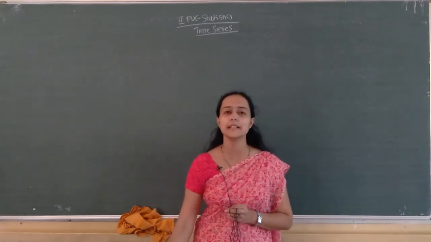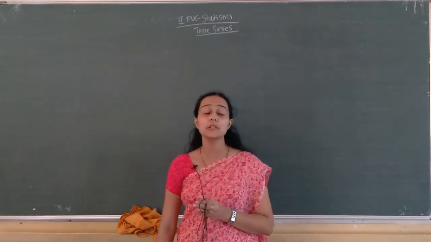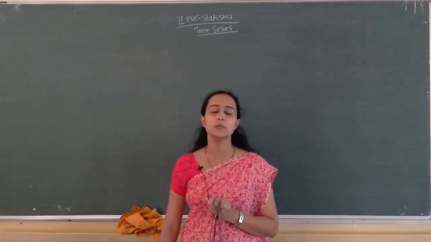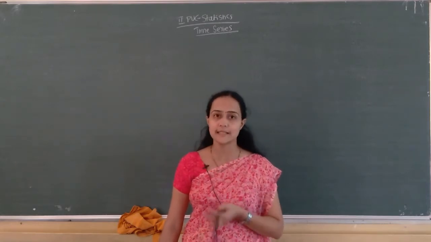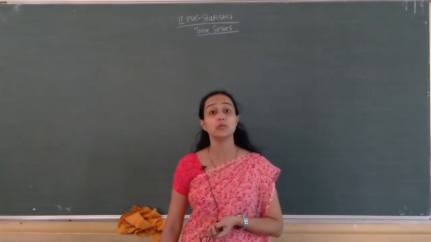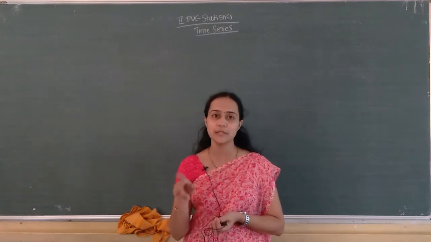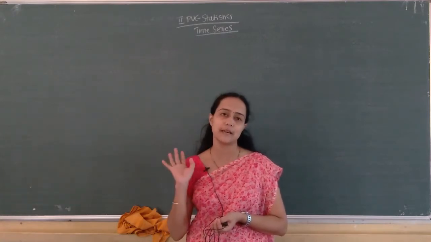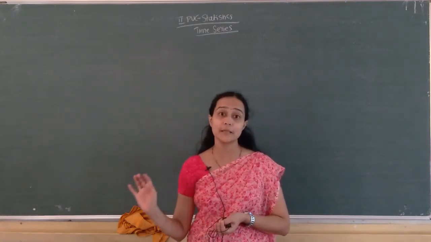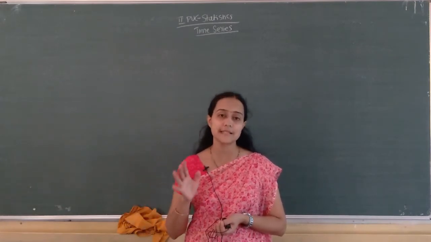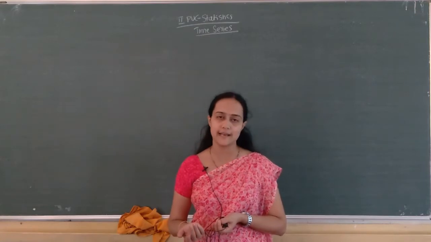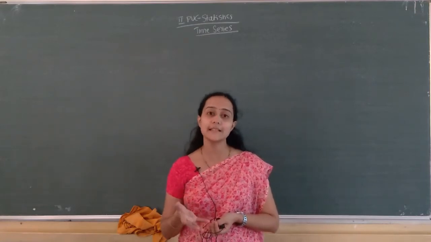So we again compute 2 yearly moving totals of the previous column, then the trend values are found by dividing by 2m, where m is the period of the moving average. 4 yearly means divided by 8, 2 yearly means divided by 4, similarly 6 yearly means divided by 12 in the last column. So, that is the difference.